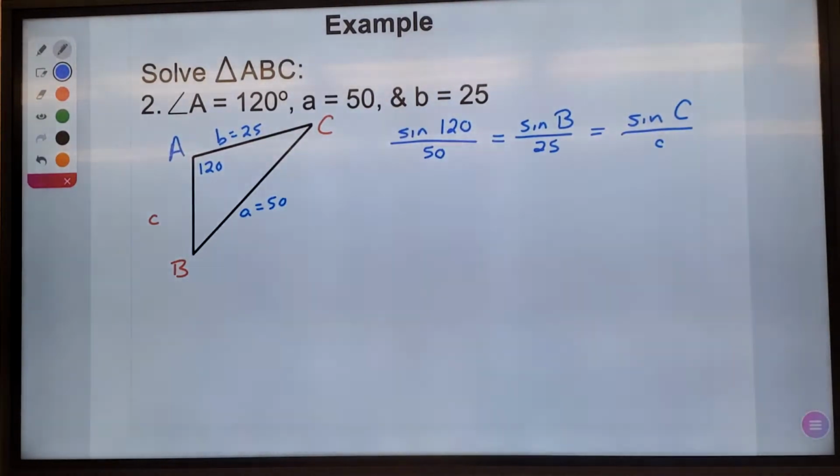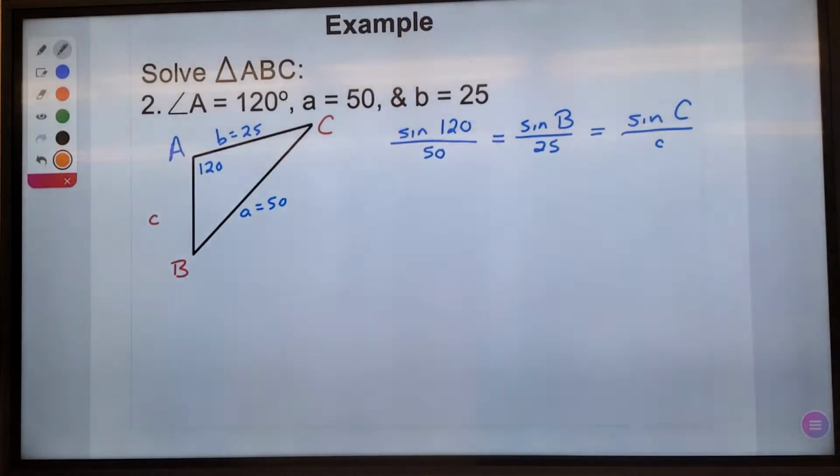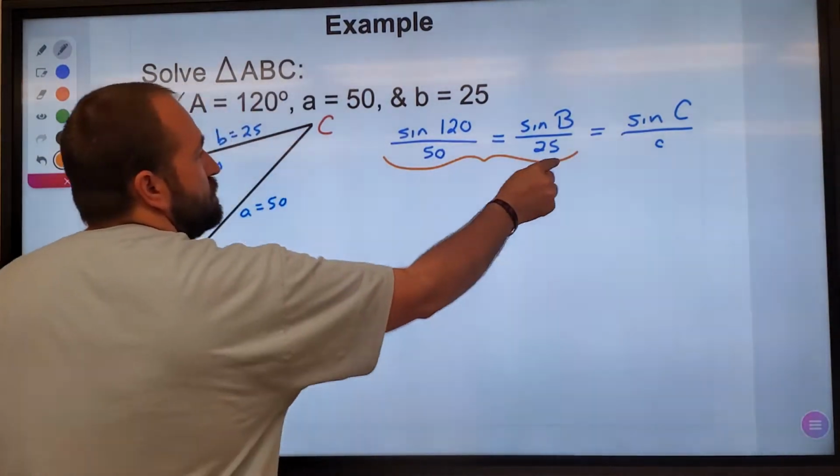However, the first part, sine B over 25, we can use with the sine of 120 over 50 to solve for angle B. Remember, when solving for an angle, as with solving right triangles, we have to use the inverse function. But we're still going to cross multiply.